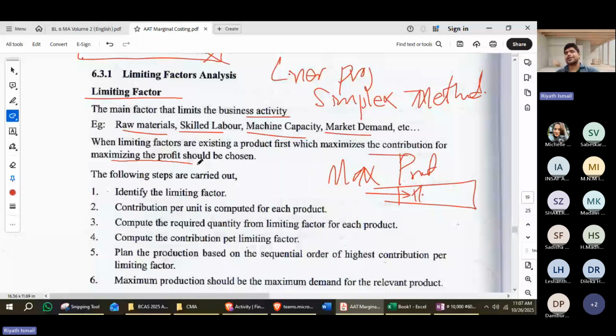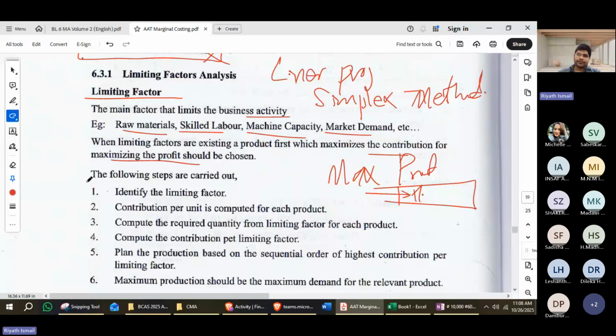So the decision criterion: which product or which limiting factor gives us more contribution has to be chosen first.